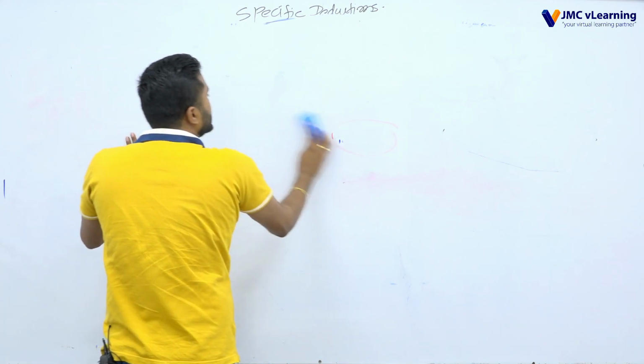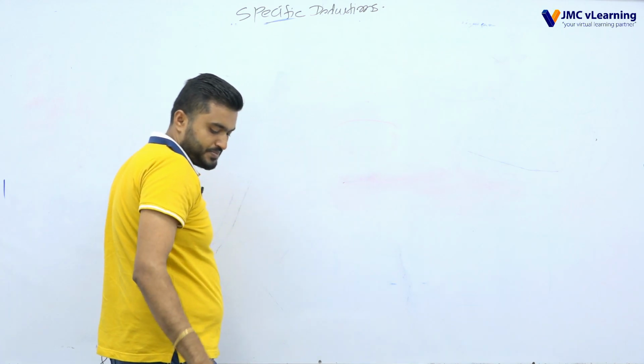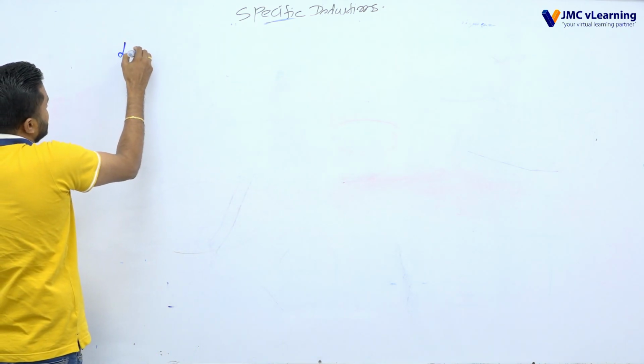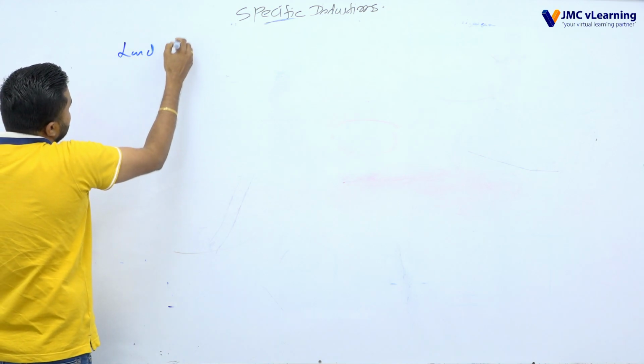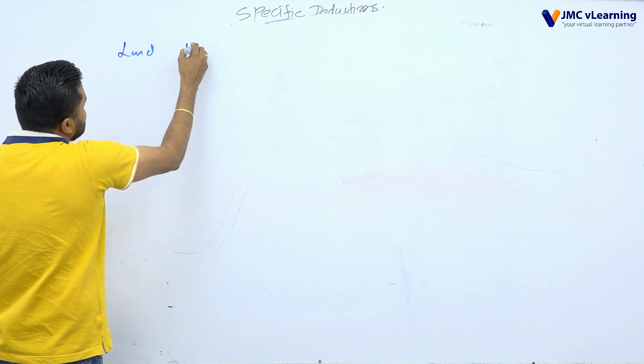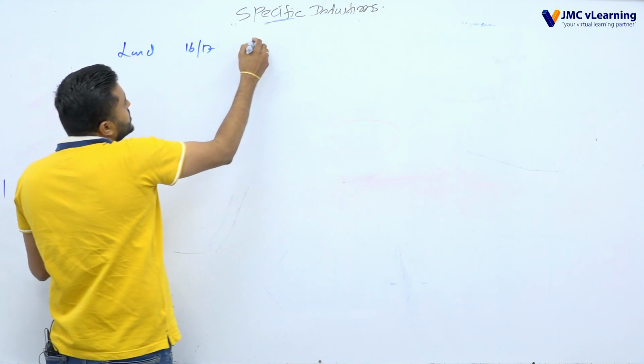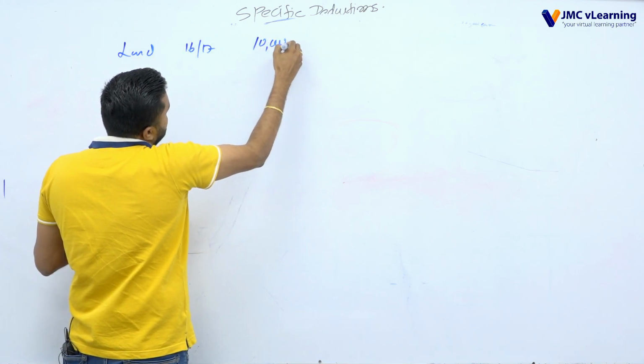So I will do an example of how we can calculate this. The examiner gives the information like this. Let's say the land is given, acquired in year of assessment 16-17, and the cost is 10 million.